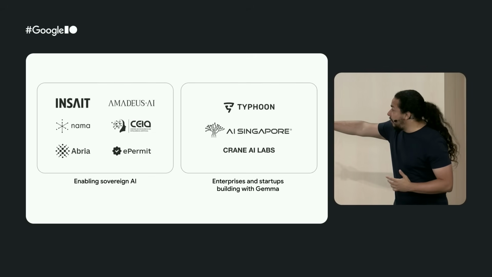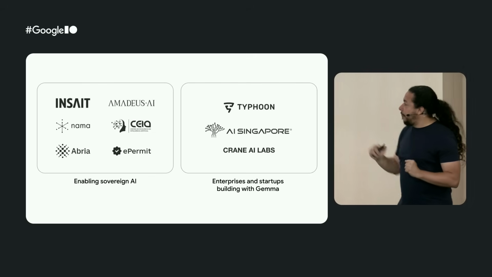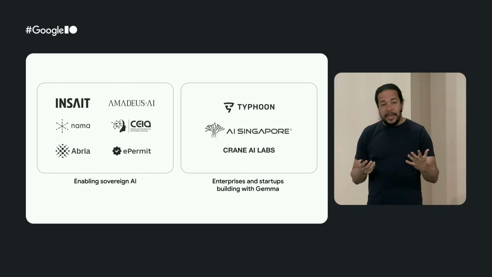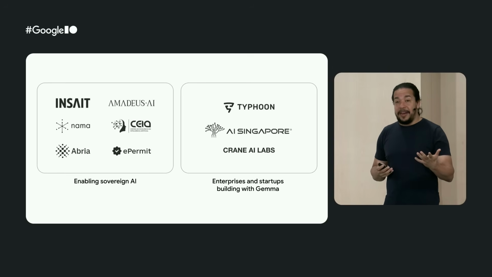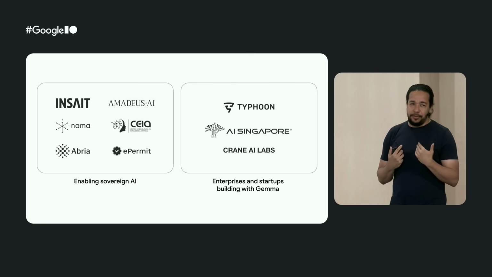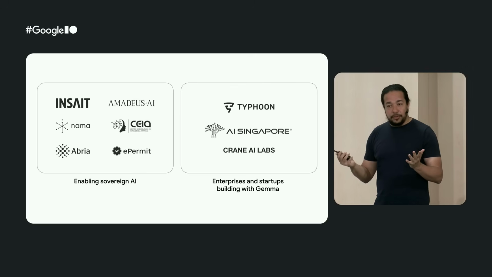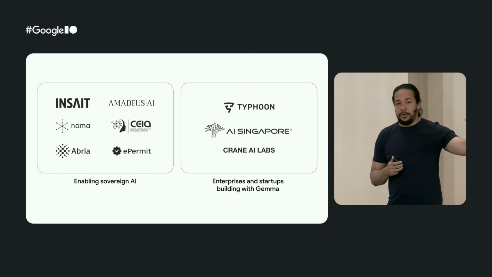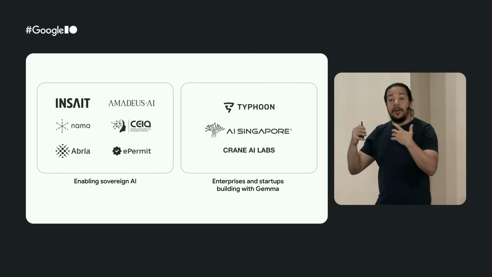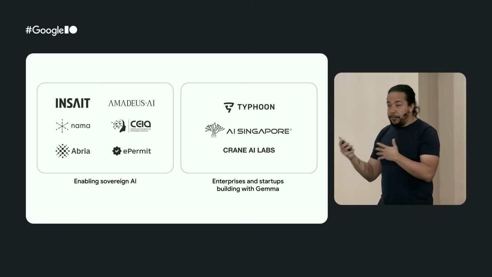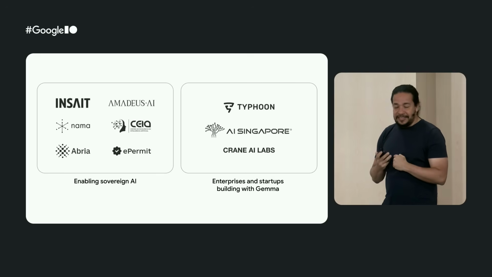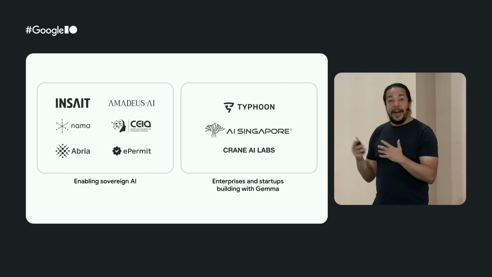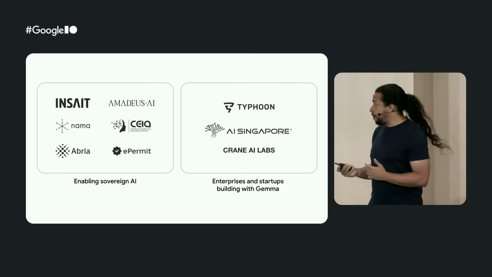We have Gaia, Seiya over there, people we worked together with to make a version that was even better in Portuguese. Portuguese is pretty important to me, so it was pretty fun to work with them. And we have multiple others. We have ePermit, our colleagues in Ukraine using Gemma models in their government already to help make processes faster. So we have many variants that are already helping with the Gemmaverse.